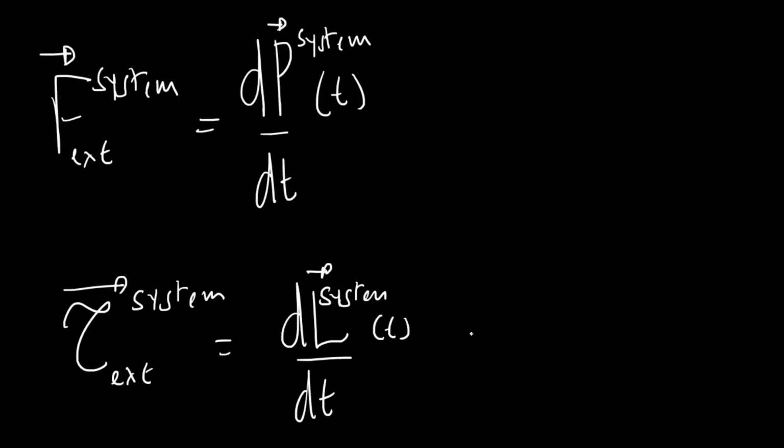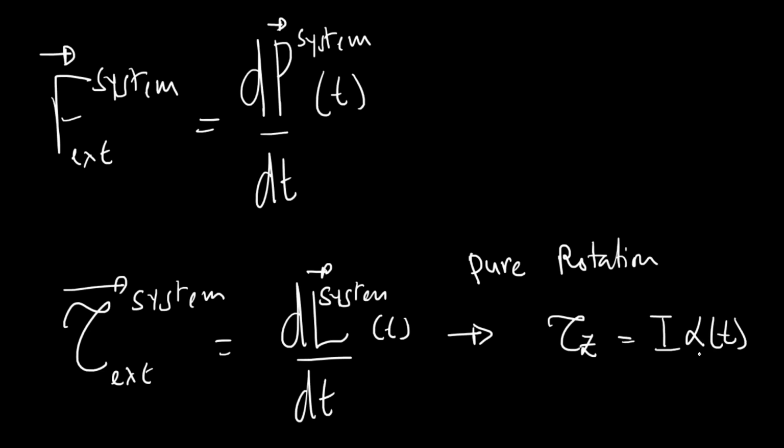But we look at a simplified situation, and for pure rotation, I'm sorry, we have not yet got into fixed axis rotation, this law can be stated in the form tau z equals I alpha t.